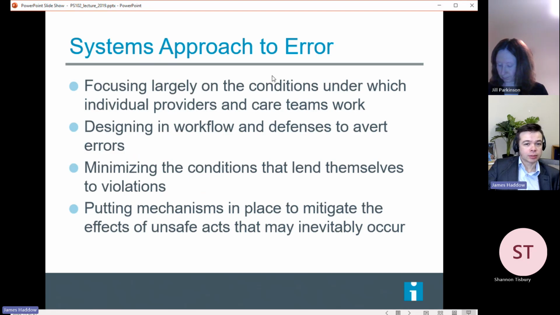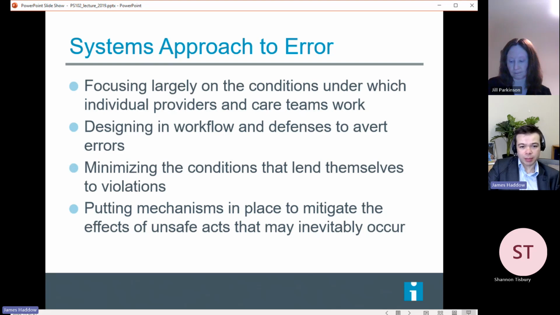Okay, so when we are trying to get rid of errors in our system, rather than just focusing on the individual at the front, we're trying to focus on the environment that wraps around to try and prevent that error ever being possible. So that would be the ultimate safe environment where doing the wrong thing is impossible.